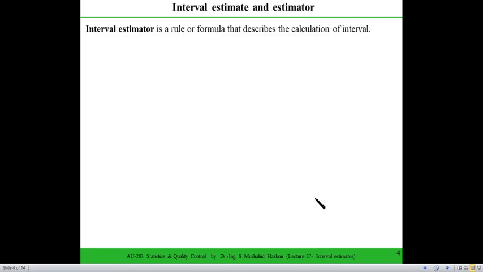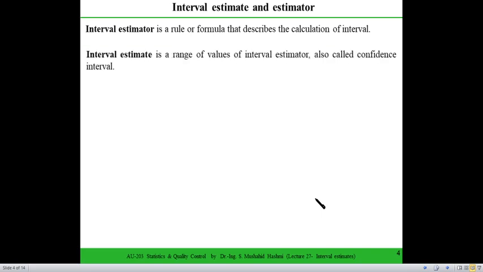As we know, an interval estimator is based on the samples, and it is a formula or a strategy which allows us to calculate that range of data points which represent a certain interval. And the actual value of that interval estimator is called an interval estimate. It is the same as the concept of point estimation process, point estimator and point estimate.